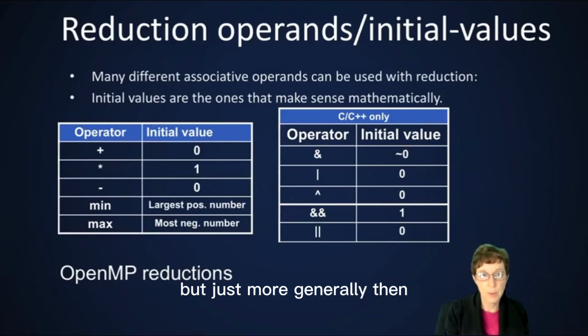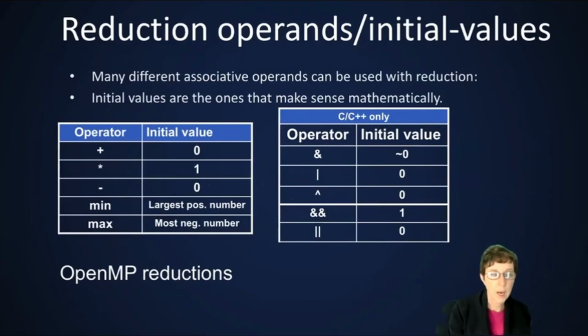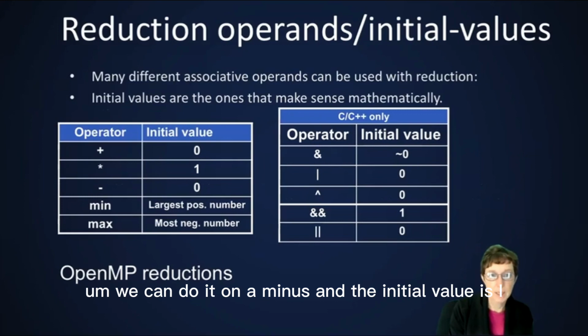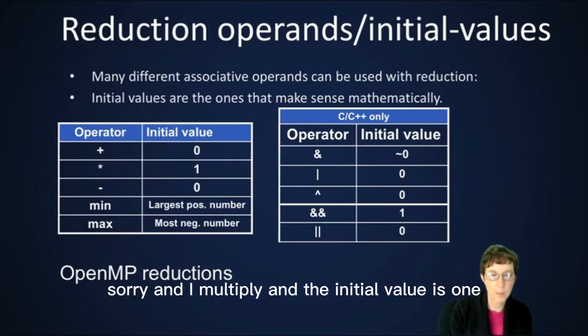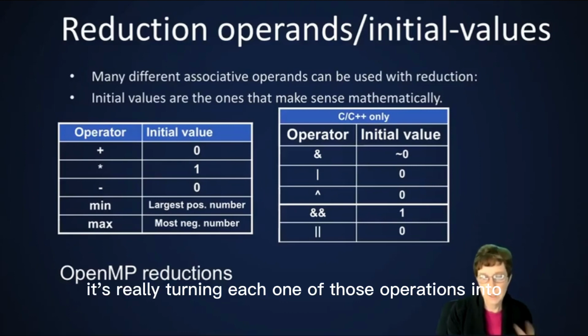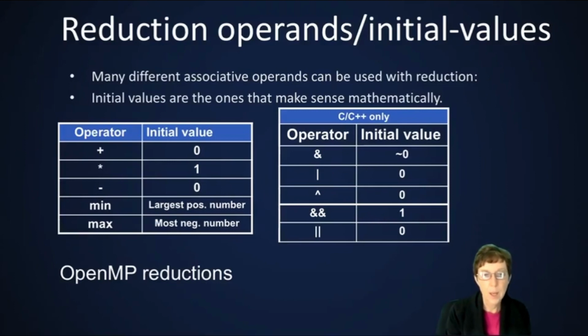More generally, these reduction operations and their initial values: we can do it on a plus and the initial value is 0. We can do it on a minus, and on a multiply, where the initial value is 1. If you do it on a minus, then it's really turning each one of those operations into a plus using associativity on a negative value.